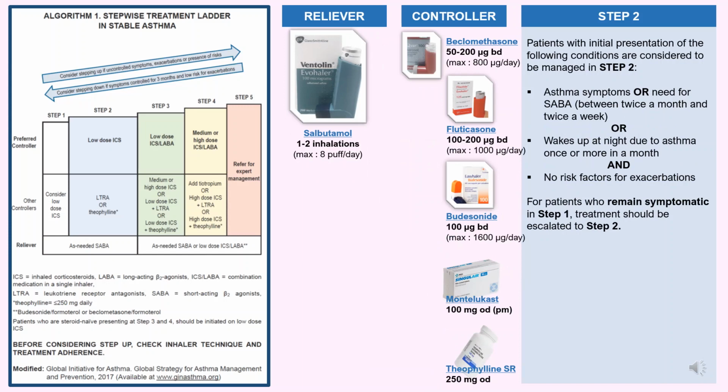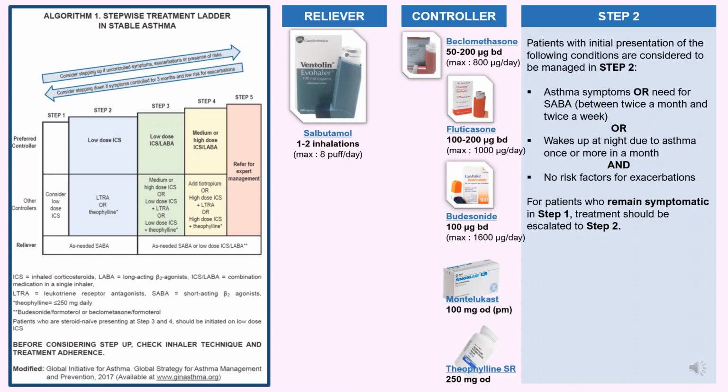Patients who remain symptomatic in Step 1 are required to escalate to Step 2. Patients with initial presentation of the following conditions are considered to be managed in Step 2: asthma symptoms or need for salbutamol twice a week or up to twice a month, or waking up at night due to asthma once or more in a month, and no risk for exacerbations.